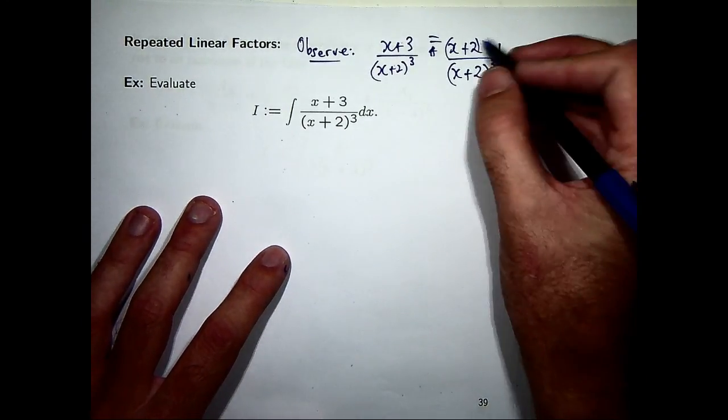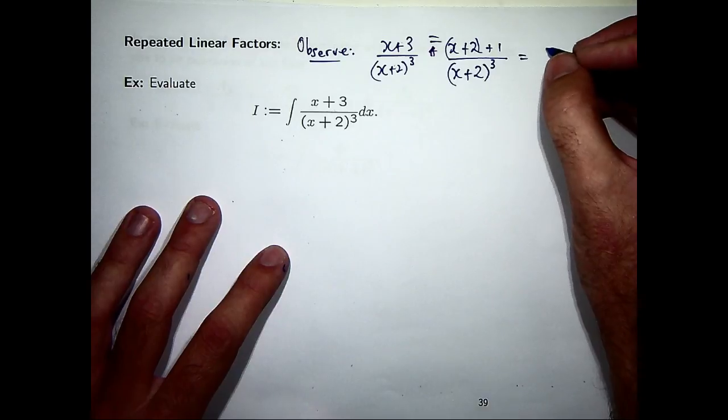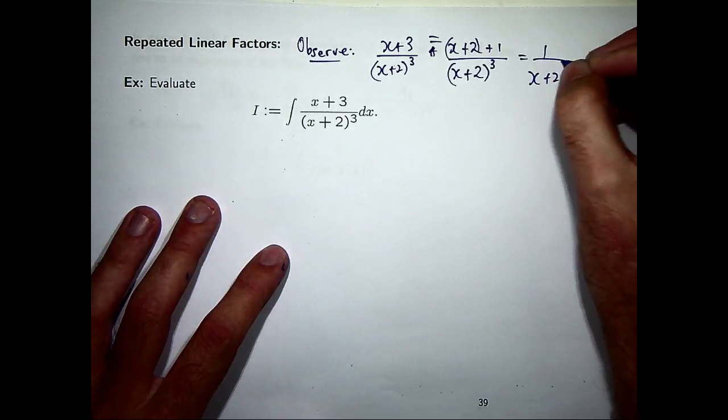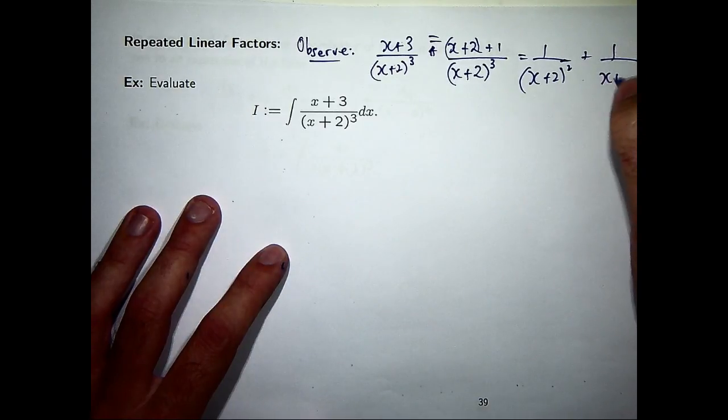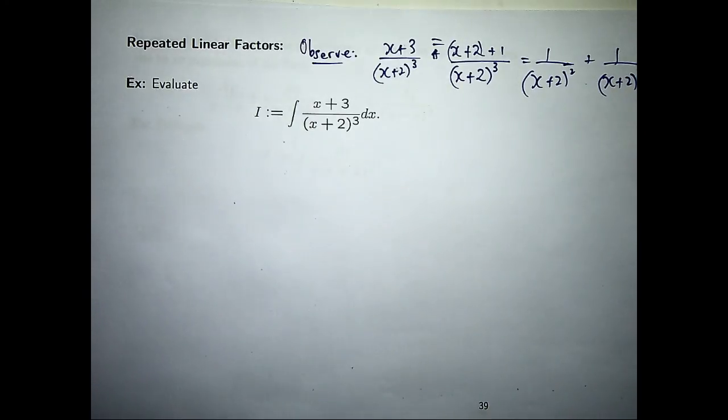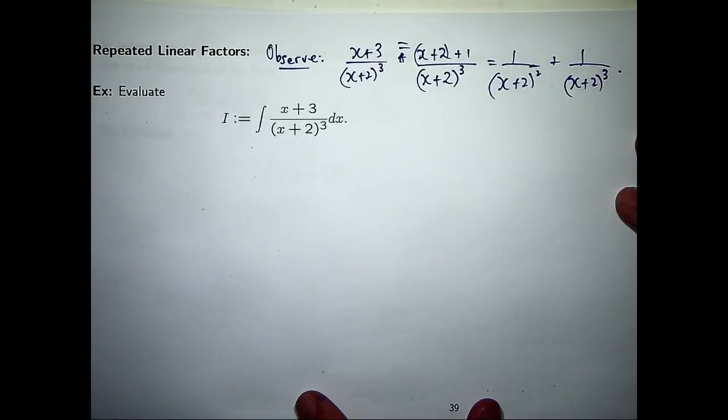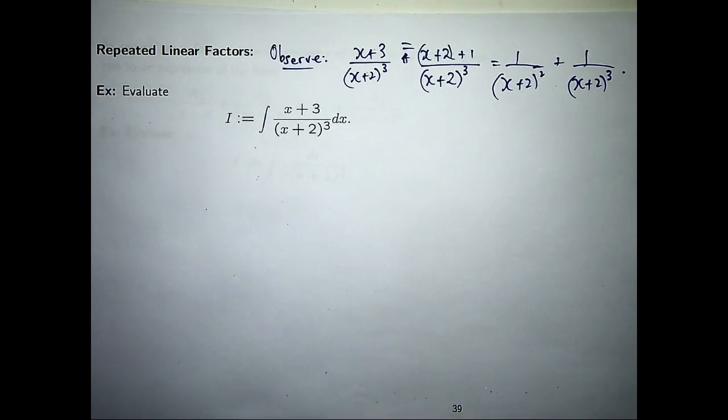So if I break up that first part, I'm going to get 1 on x plus 2 all squared, and the second part is just going to be 1 on x plus 2 all cubed. Now I can integrate both of those terms almost immediately.